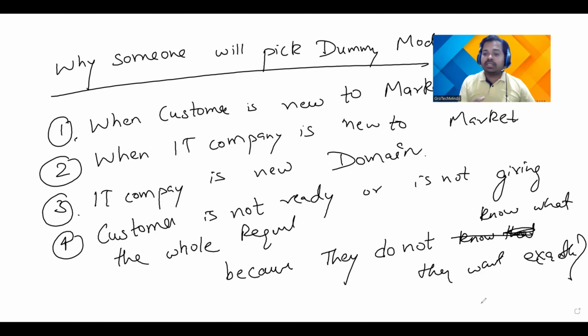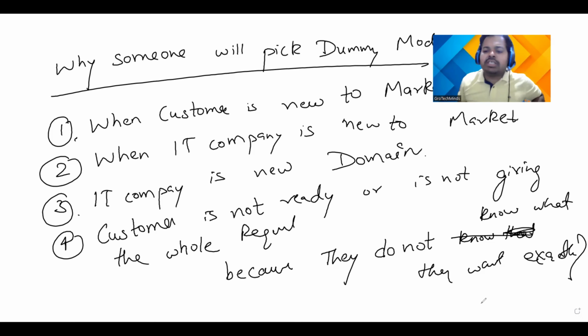These are a few reasons why somebody wants to pick the dummy model. I'm repeating everything again. When the customer is new to the market, the IT company will go for the dummy model. When the IT company itself is new to the market, they will go for the dummy model. When the IT company is new to the domain, like they have never developed any e-commerce application, it is the first time in their lifetime, so they will go for the dummy model.